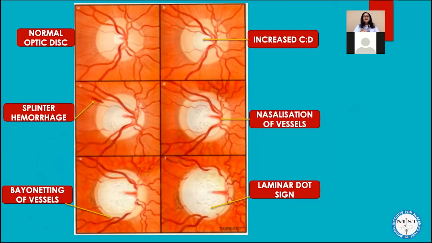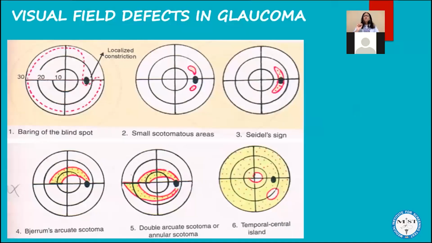Now, when optic disc is getting damaged, there is bound to be changes occurring in the visual field of the patient. So visual field defects in the glaucoma are also very characteristic. Which type of defects are seen? Let us see one by one. Now, another thing to be remembered in glaucoma is that the visual field defects are in the central 30-degree field of the patient.